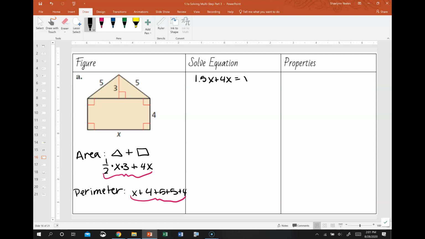So that's x, 4 plus 5 is 9, plus 5 is 14, plus 4 is 18. So we've got x plus 18. Okay, so we can combine like terms on the left side: 1.5x plus 4x is 5.5x equals x plus 18, and this was just simplify.